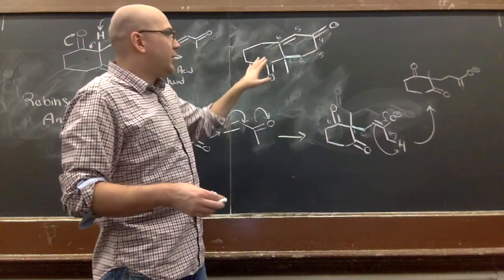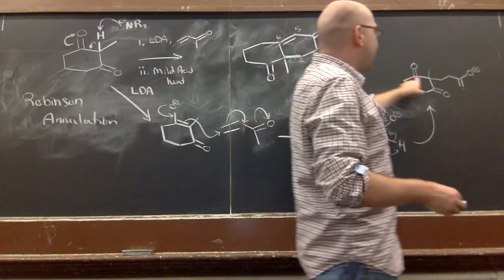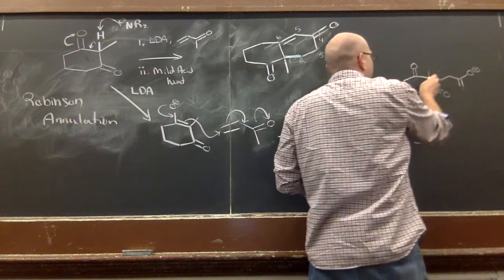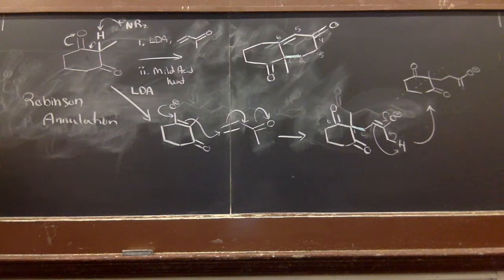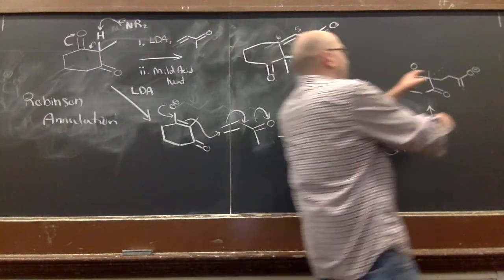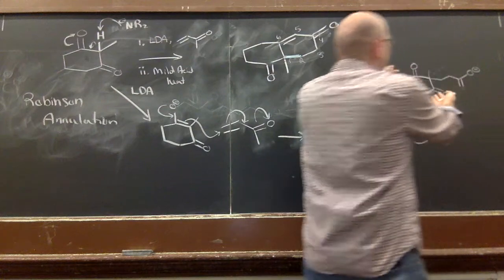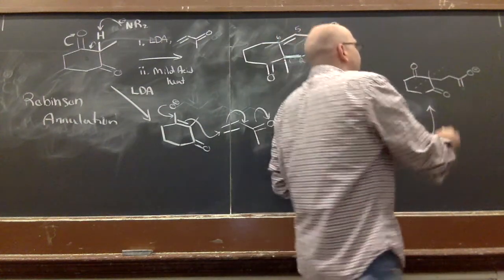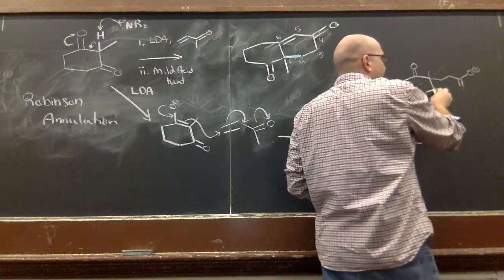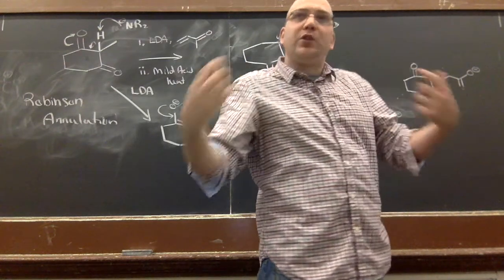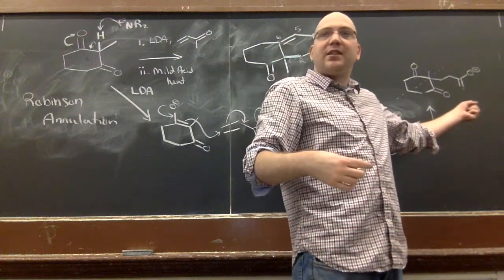But this is a symmetric molecule. Everybody sees the plane of symmetry there. So it really doesn't matter which carbonyl we attack, it's going to lead to the same product. So we either could redraw this so that it's up there, or we'll just recognize that this is symmetric and that we can form this 6-membered ring, or we could just form this 6-membered ring. And because it's just for our own visual, it might just be easier to make this 6-membered ring down here.